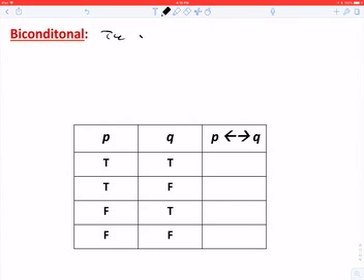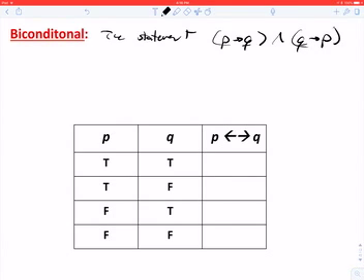So the statement P implies Q and Q implies P is referred to as a biconditional.